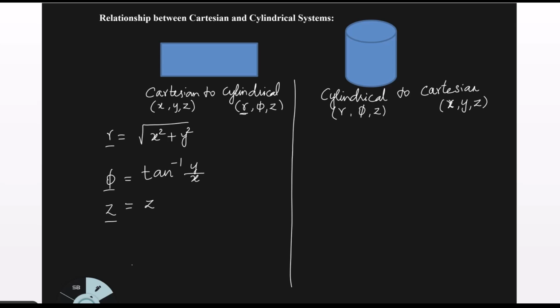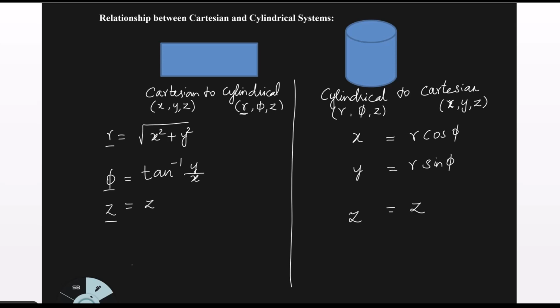So we find the values of x, y and z from the cylindrical points: x equal to r cos phi, y equal to r sin phi, z equal to z.